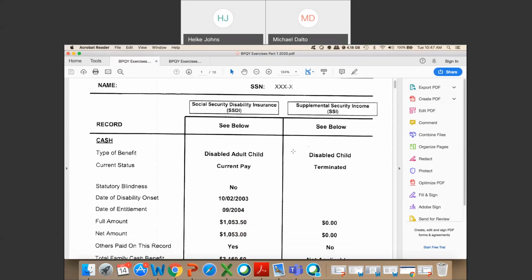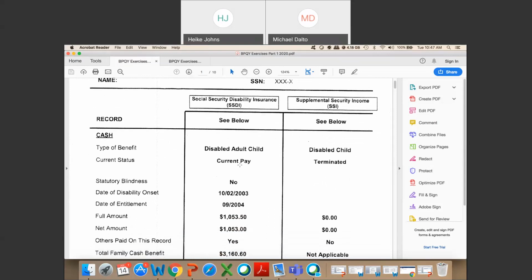So, scrolling down a little bit, you'll see a variety of data provided for each type of benefit, Social Security Disability and SSI. For this particular BPQY, the type of cash benefit is disabled adult child. To the right of that, in the SSI column, it says disabled child.